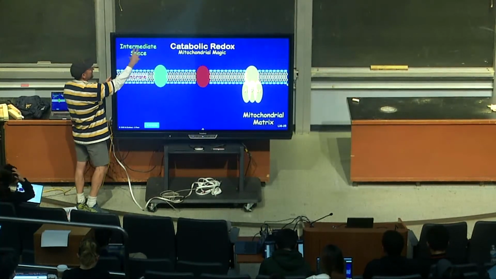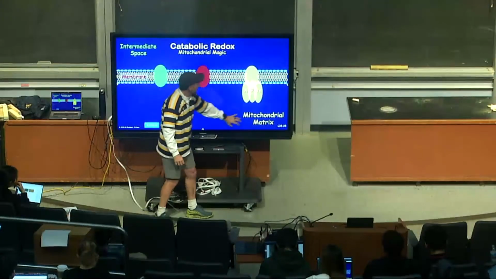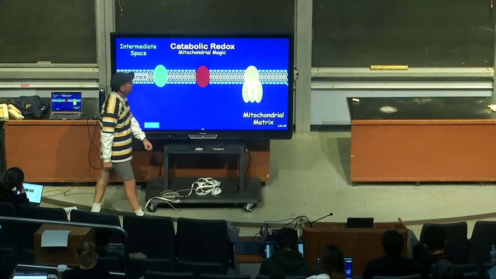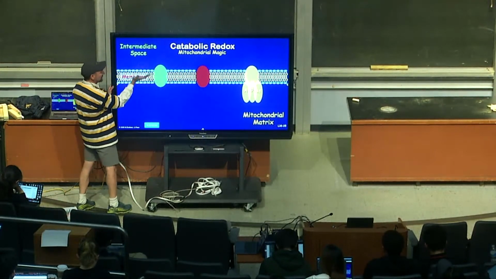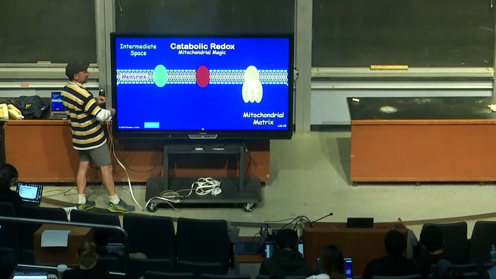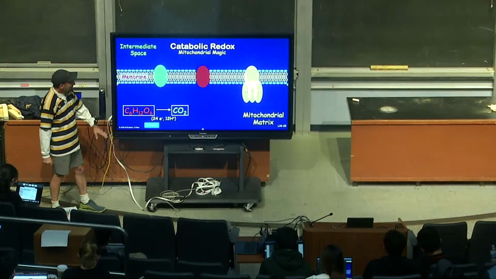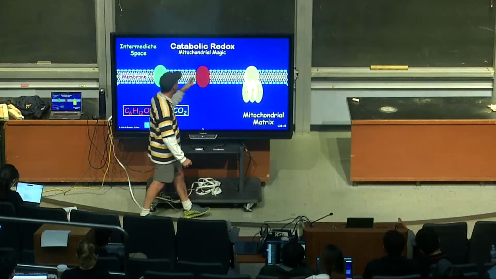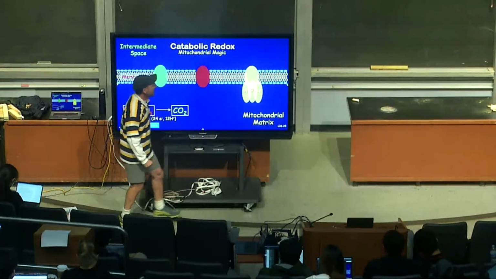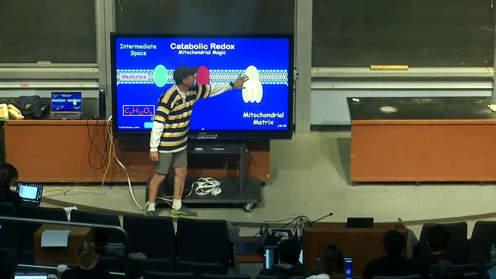So there's intermediate space, inner mitochondria, and then there's this membrane, and then there's inner space. So this membrane essentially separates, segments your mitochondria. How does this happen? Well, inside that membrane, there are these giant proteins. And they're giant enzymes, and they're embedded in the membrane.